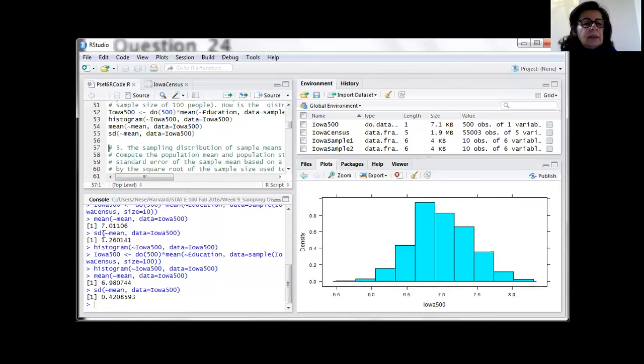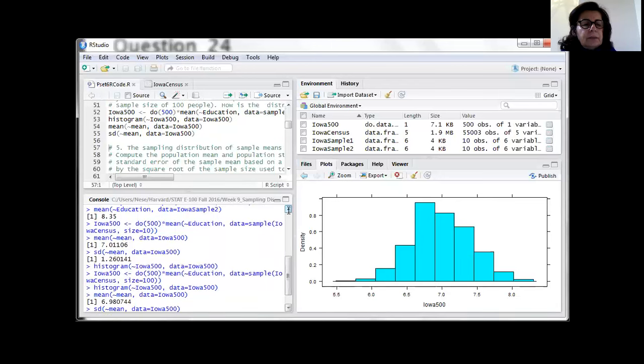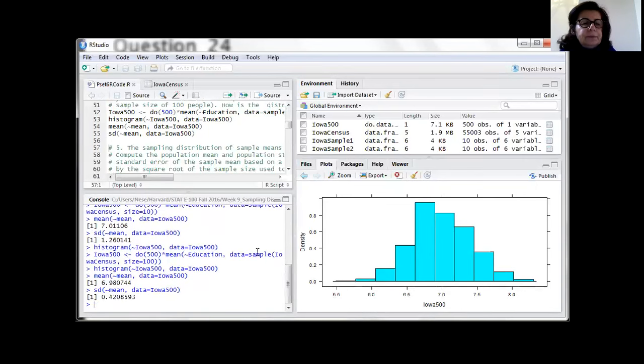So when I said the standard deviation is going to be different in the previous example, that's what I meant. For different sample sizes, standard deviation is going to be different. But the mean is going to approximate the population mean.